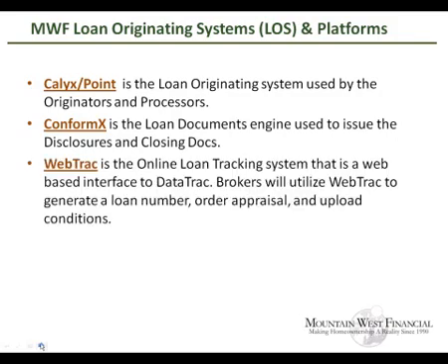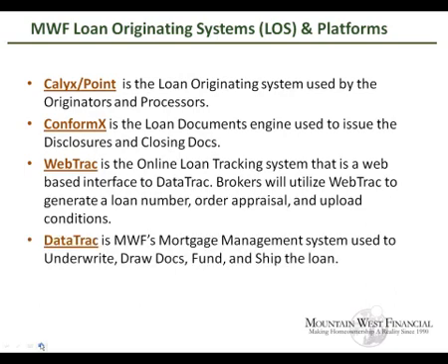WebTrack is the online loan tracking system that is a web-based interface to DataTrack. Brokers will utilize WebTrack to generate a loan number, order an appraisal, and upload conditions. DataTrack is Mountain West's mortgage management system used to underwrite, draw docs, fund, and ship the loan.